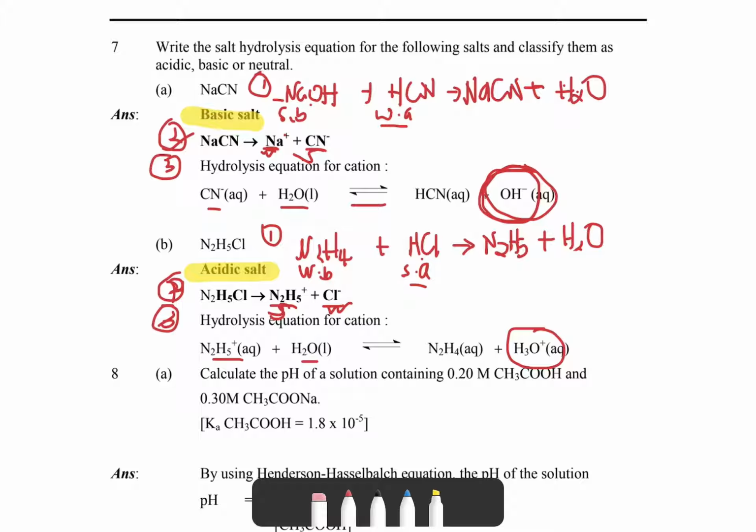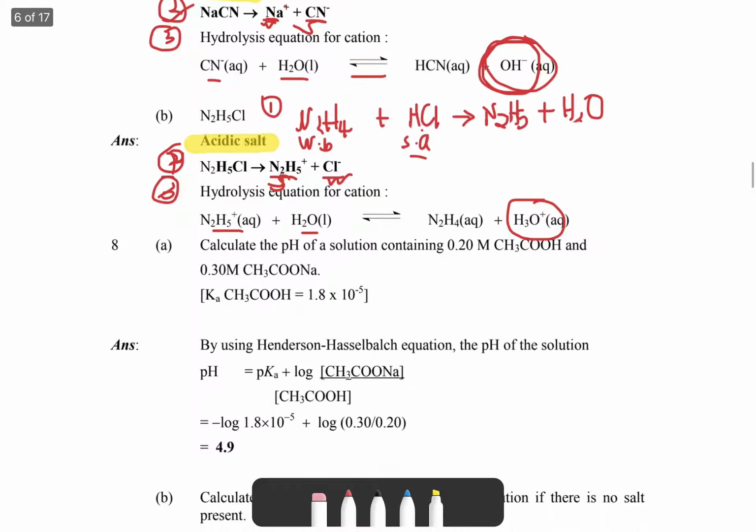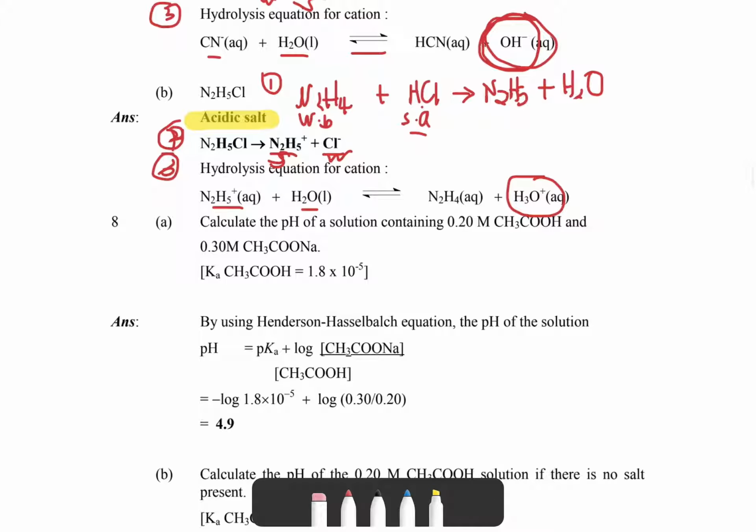Okay. So next kita pergi soalan nombor 8. Soalan nombor 8, calculate the pH containing CH3COOH. So ini adalah weak acid. And CH3COONa ini adalah salt.